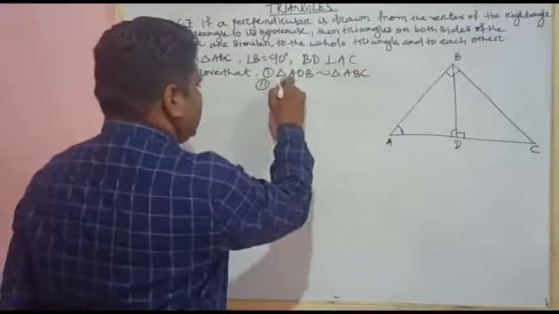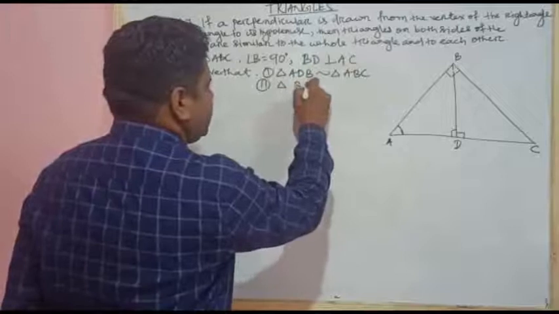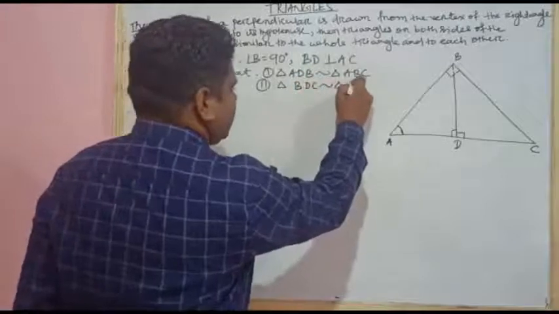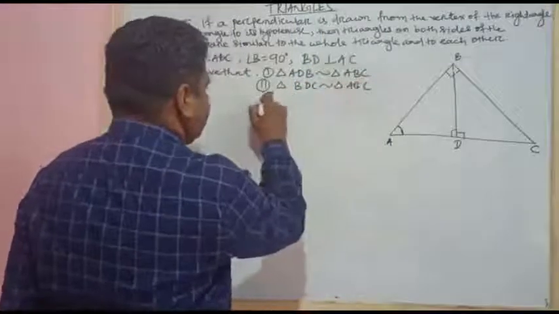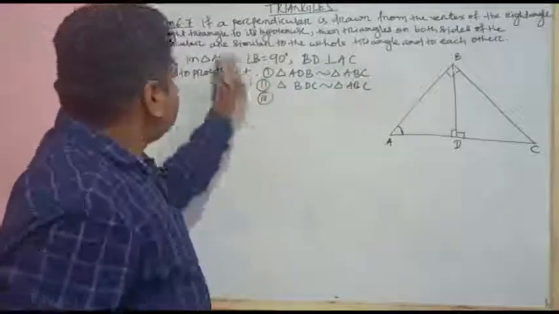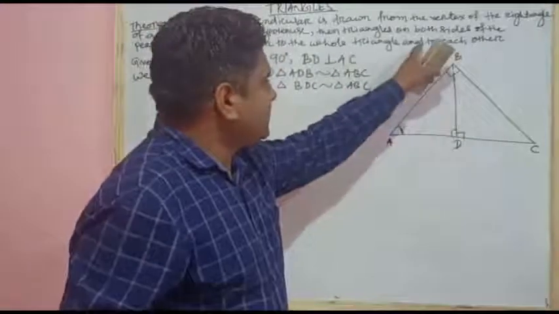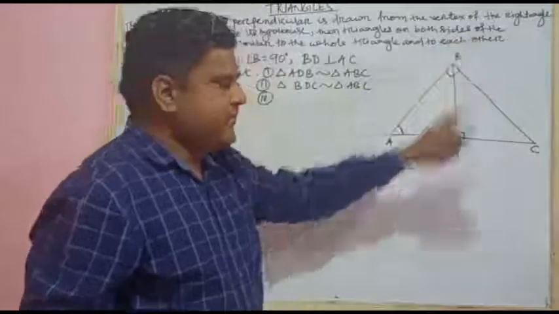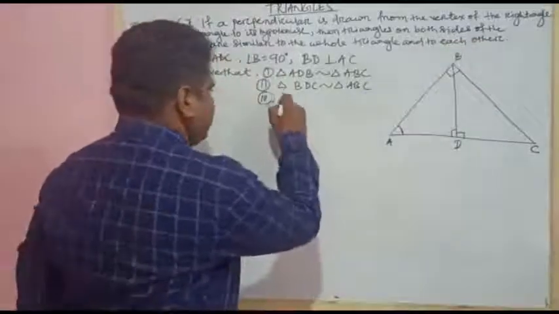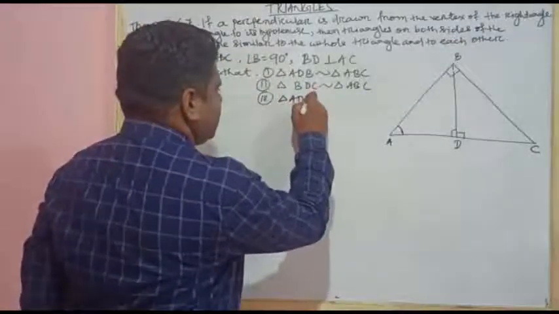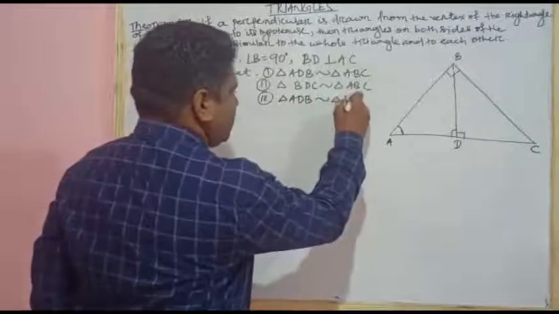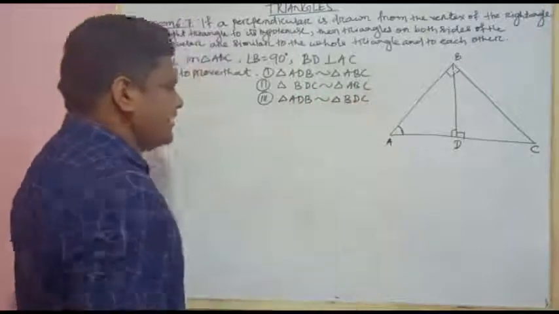Second, triangle BDC is similar to triangle ABC. And third, these two triangles are also similar to each other, means triangle ADB is similar to triangle BDC. Let's prove this.